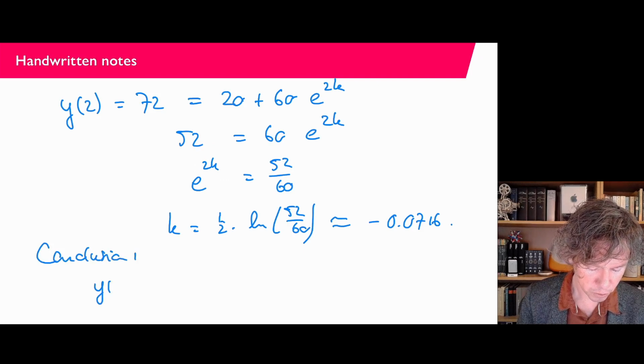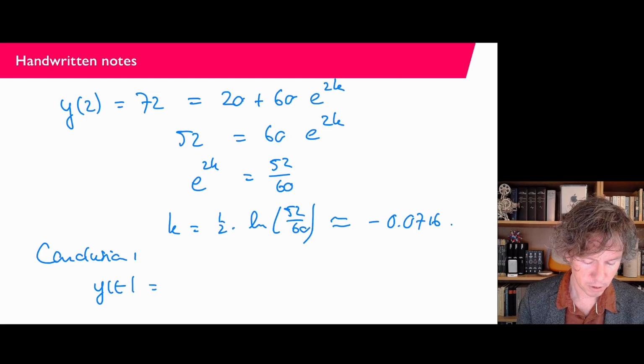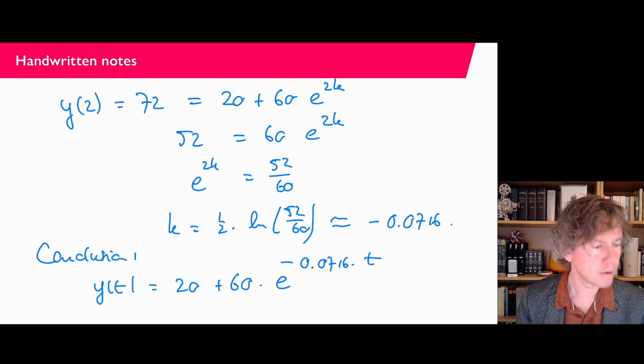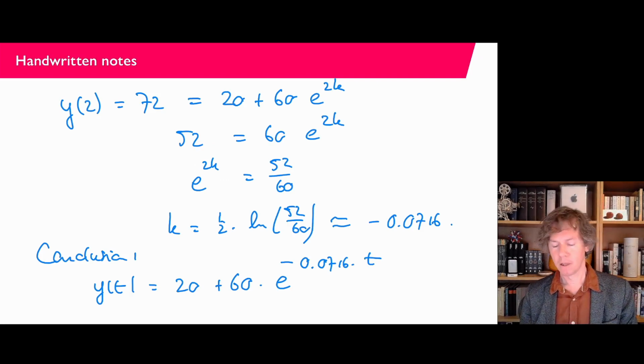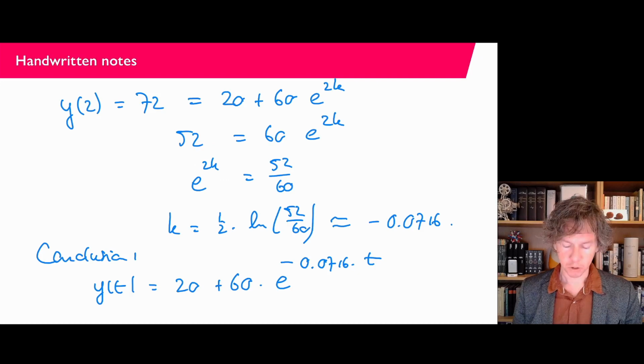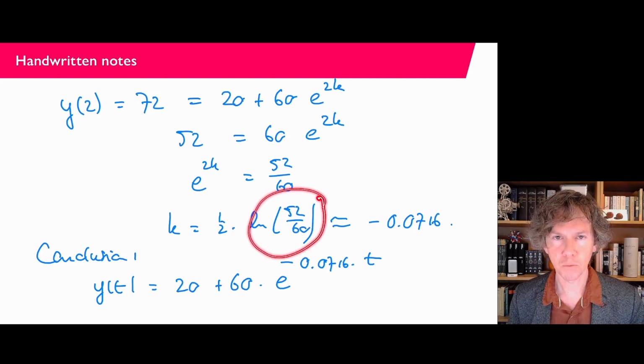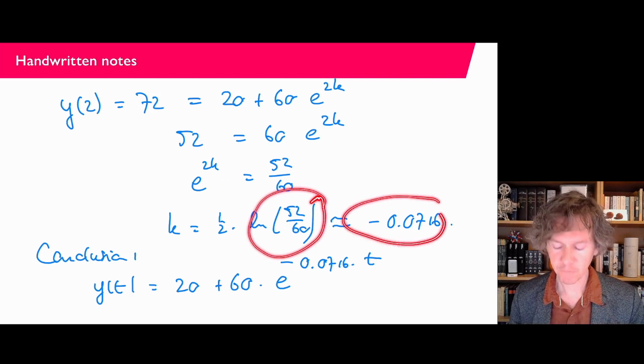So what we find, conclusion, the coffee temperature as a function of time is 20 plus 60 times e to the power minus 0.0716 times t. And before I move on, two observations. Here we take the ln of a number in between 0 and 1, which means that we find a negative k value.